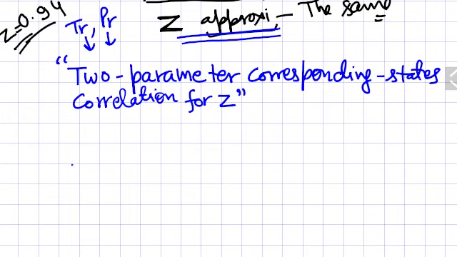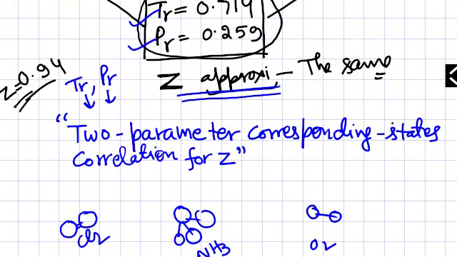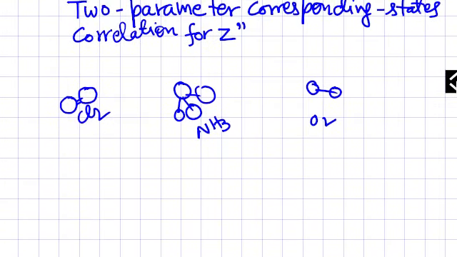Chlorine gas will have a different molecular structure because of size, molecular weight, etc. Ammonia will have NH3 molecules with some different structure, and oxygen gas will have some different structure. So because of that this Z is approximate.